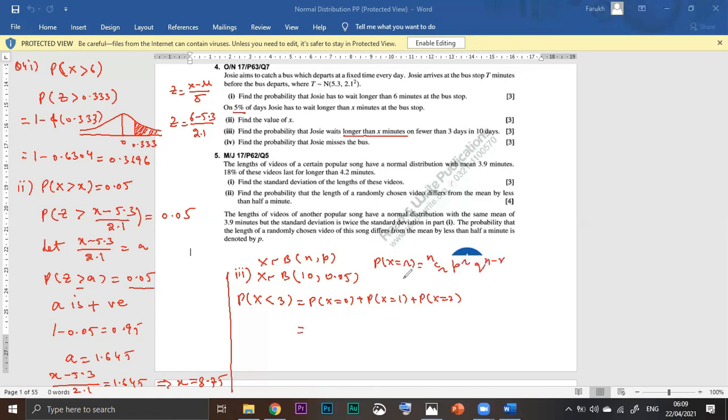Now, when we have x is equal to 0, r is equal to 0, and in this question n is equal to 10: 10C0, 0.05 power 0 and 0.95 power 10, plus 10C1, 0.05 power 1 and 0.95 power 9, plus 10C2, 0.05 power 2 and 0.95 power 8.